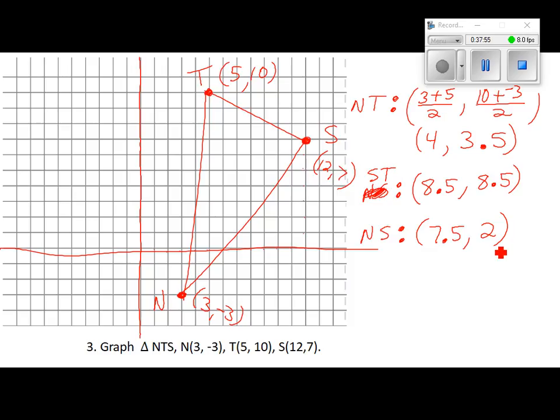If you don't put the work in here, you don't understand midpoint formula and distance formula, and you're not putting the work in right now, it's your own ignorance. Just copying down my answers, great. When we take the test here in a few days, you can't see my answers, you're out of luck.